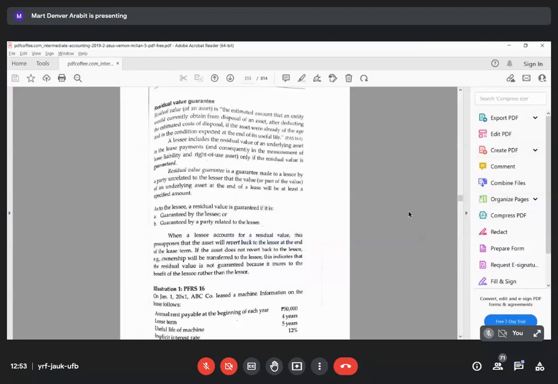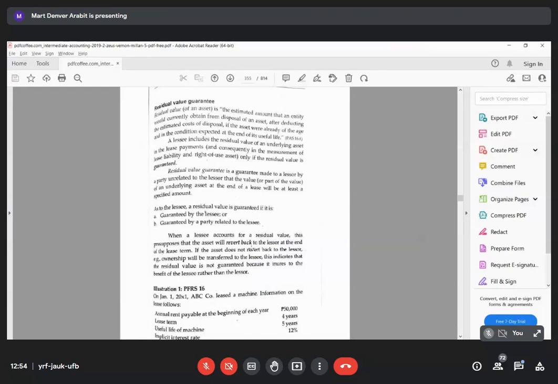This indicates that the residual value is not guaranteed because it inures to the benefit of the lessee rather than to the lessor. And in that case, if hindi magre-revert back sa lessor, yung ownership will be transferred to the lessee and hindi na siya babalik kay lessor, then it is not a guaranteed residual value. It's more of a purchase option.